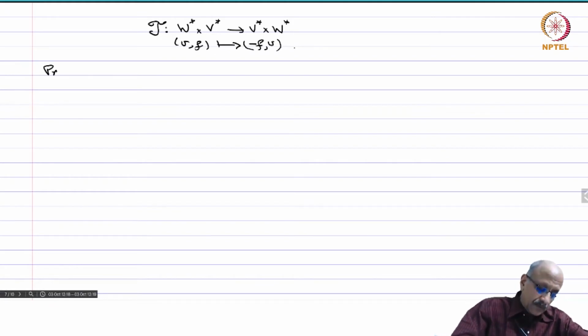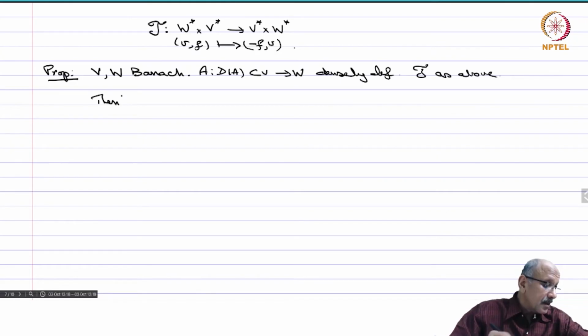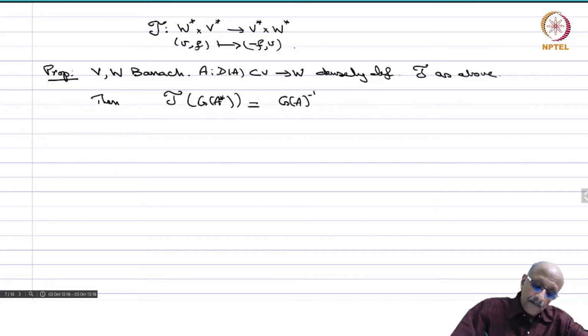Then proposition: V, W Banach, A from D(A) contained in V into W densely defined, J as above, then J of G(A star) equals G(A) perp. So you see the annihilator and the graphs, they all come together.